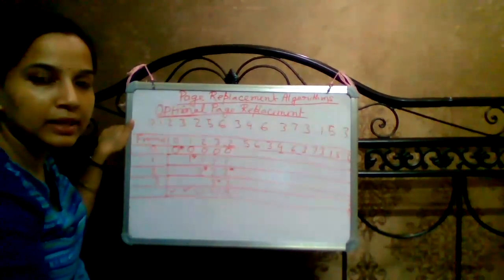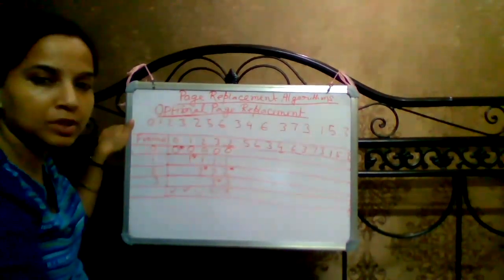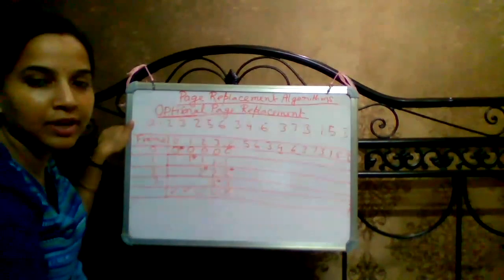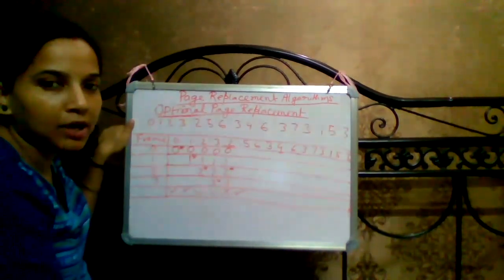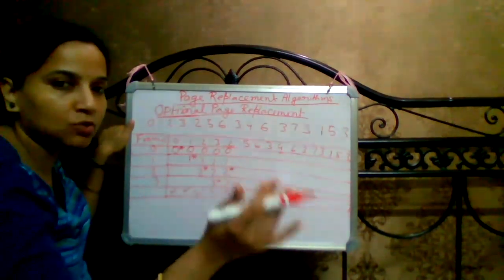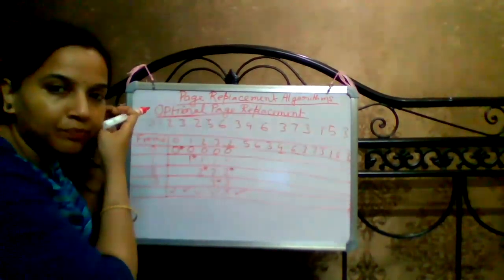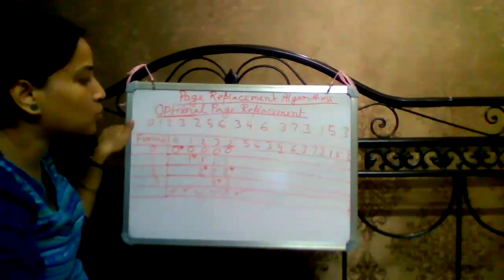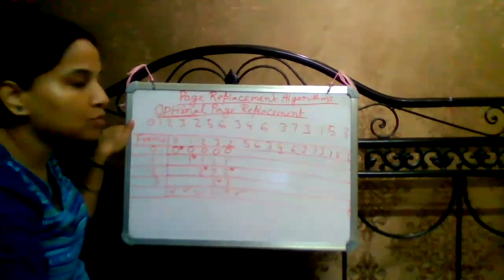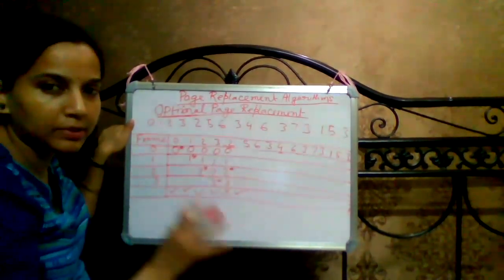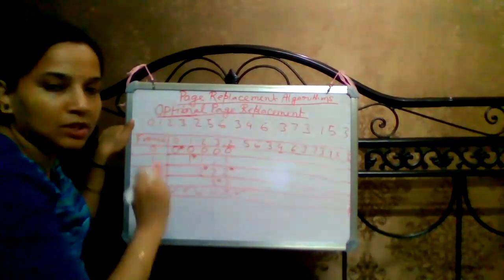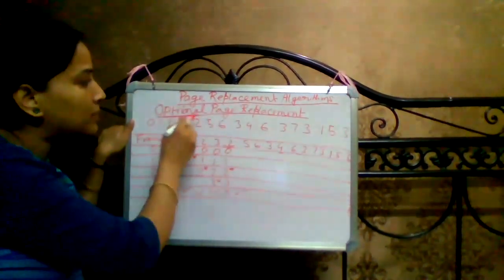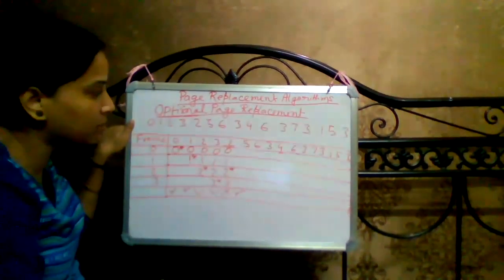Next page is 5. 5 is not there in these 4 frames, so a page fault occurs, and one page is replaced by swapping that particular page in from the secondary storage device. Which page is replaced? Using FIFO, we would replace 0. But here we consider optimal page replacement.